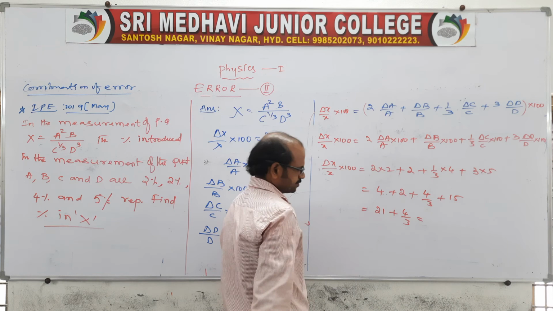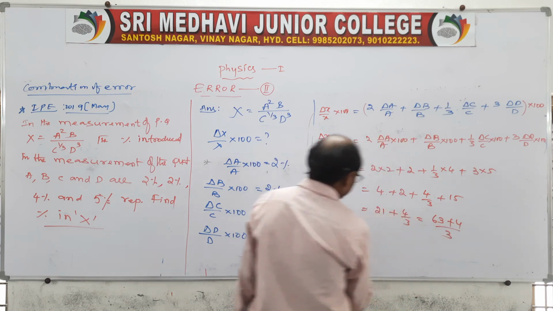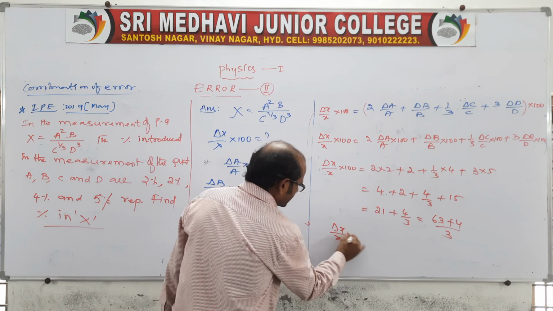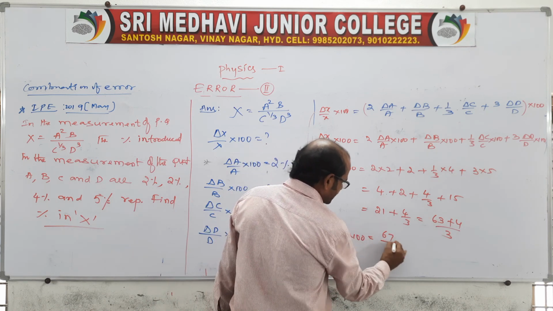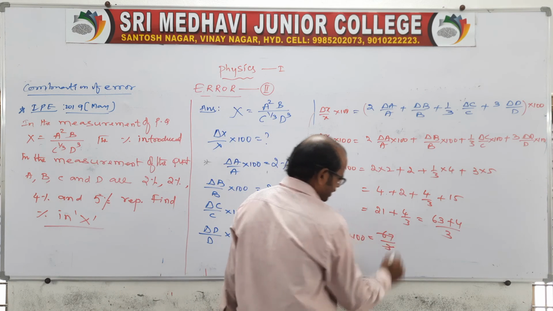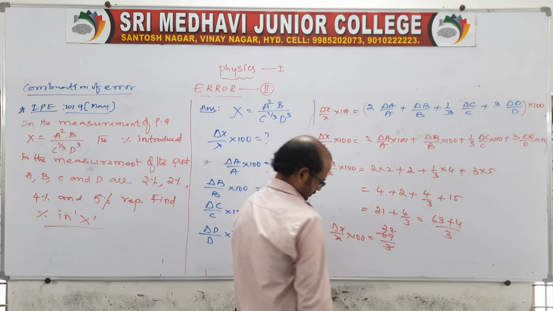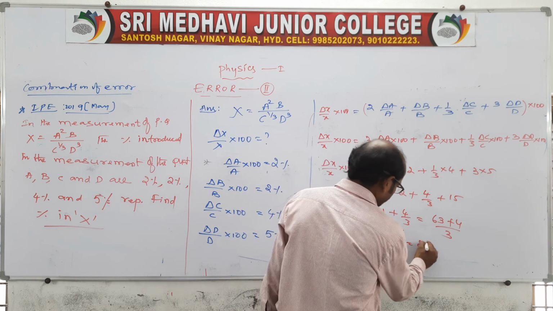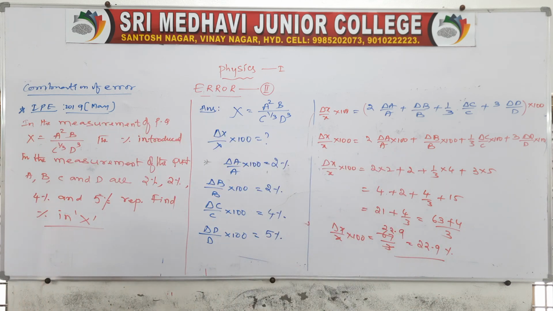Taking the LCM, delta x by x into 100 is 67 by 3, that is 22.9%.